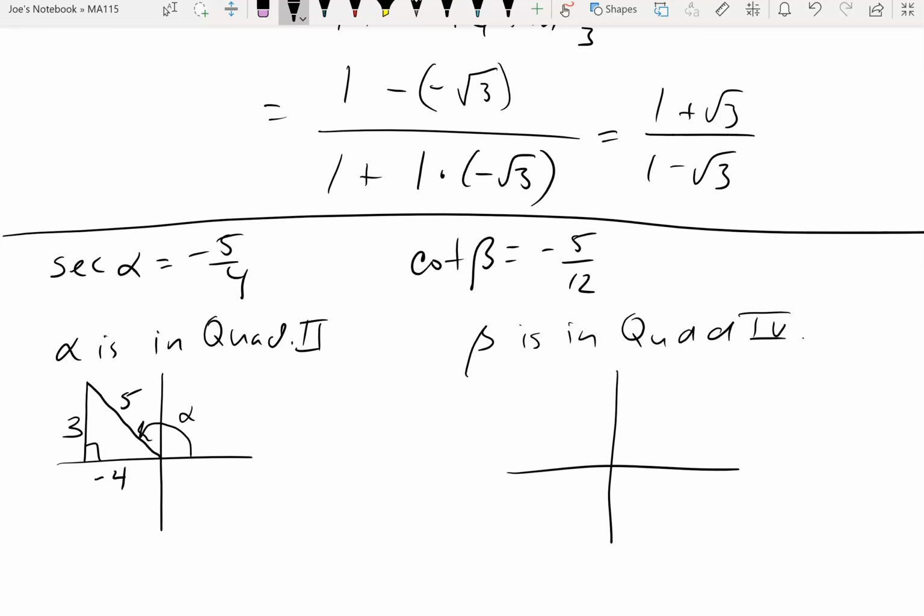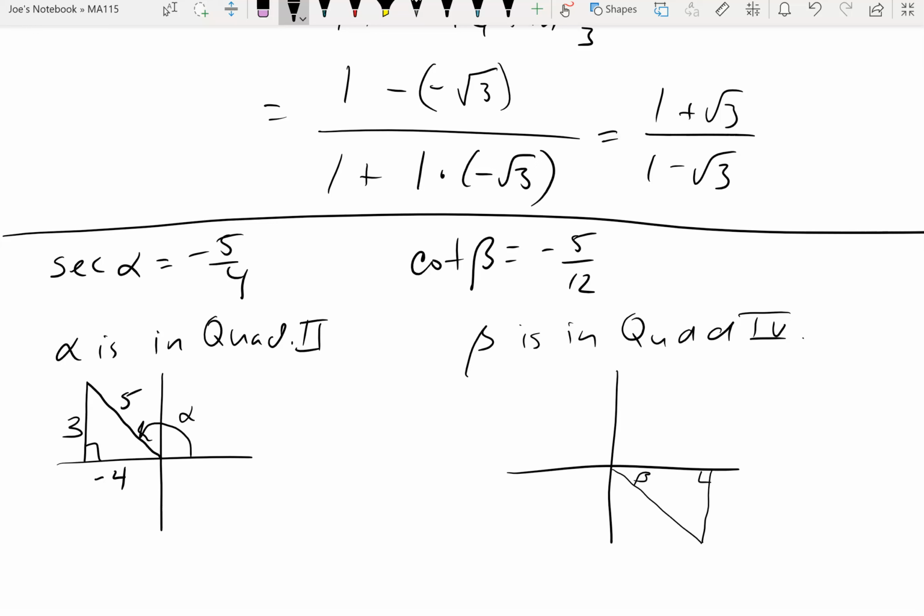Everybody see where those numbers are coming from? Since we're given the secant. All right, so beta is down here in quadrant 4. I can make it go either way. I'm just going to write it inside the triangle. Since we're given cotangent, what sides can we label? The adjacent and the opposite, okay.